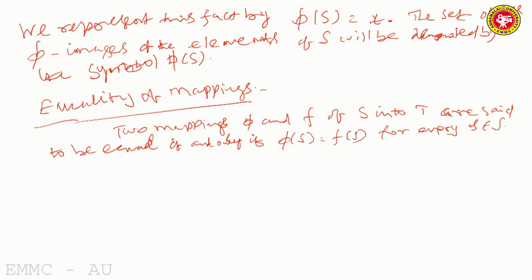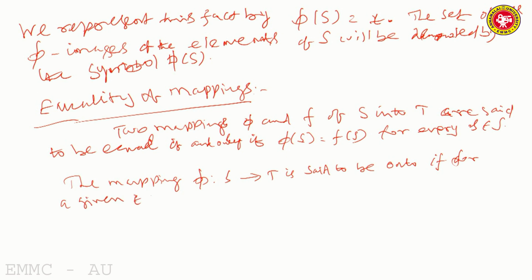Next we give another definition. The mapping phi such that S goes to T is said to be onto if for a given small t belonging to capital T, there exists an element small s in capital S such that phi of s is equal to small t.